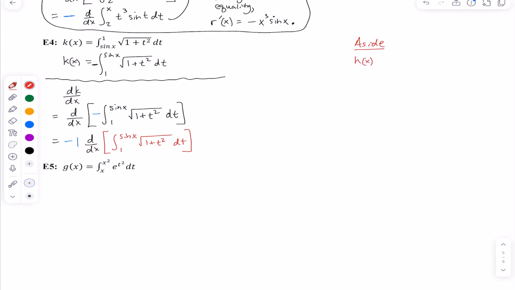And h of x is actually a composition of functions. So remember from the chain rule, the derivative of h with respect to x will actually equal the derivative of h with respect to u times the derivative of u with respect to x.